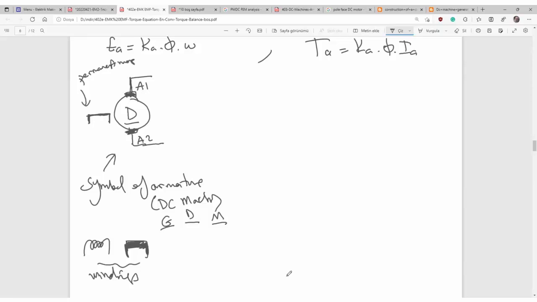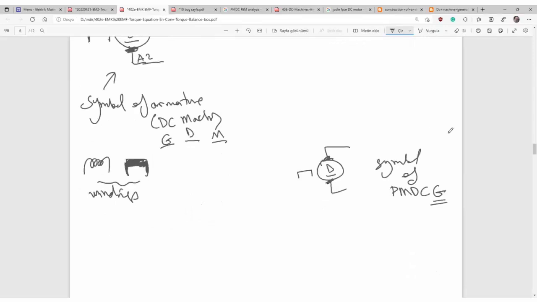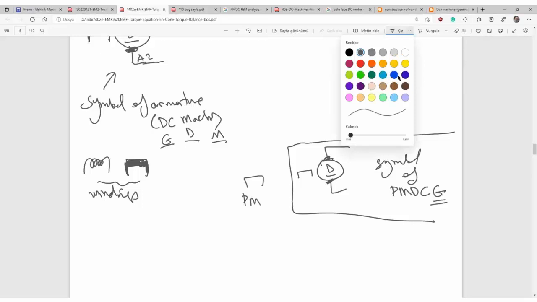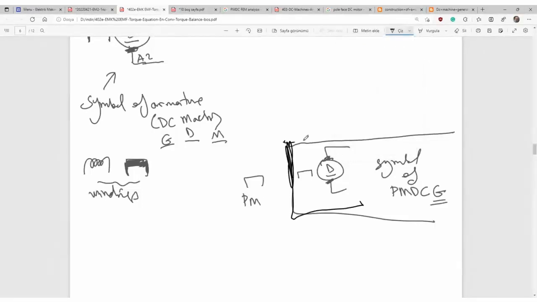Now, if you say dynamo, here's something like that. That is the representation symbol of a permanent magnet DC generator. Dynamo is the symbol of DC generator, and this part represents the permanent magnet. Okay, gentlemen, that is the symbol. Take care of the symbol in this box.